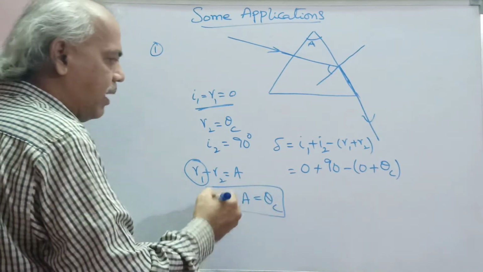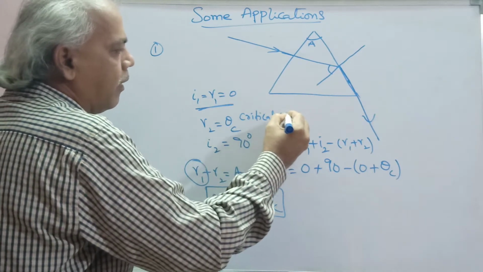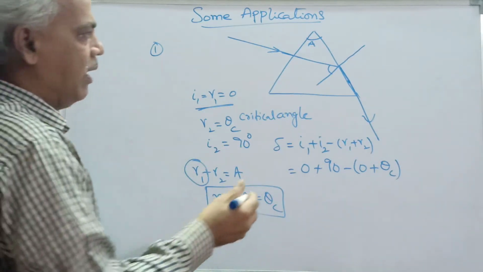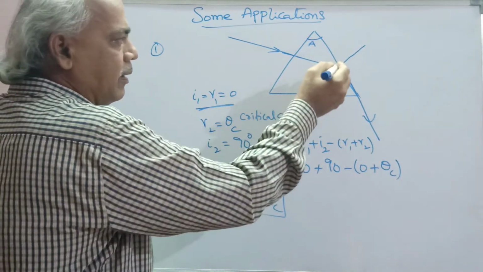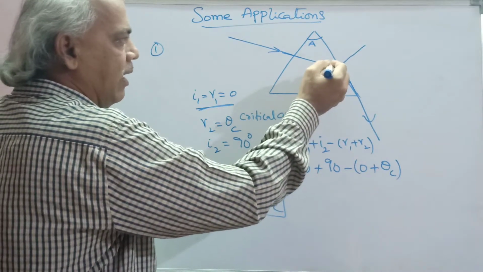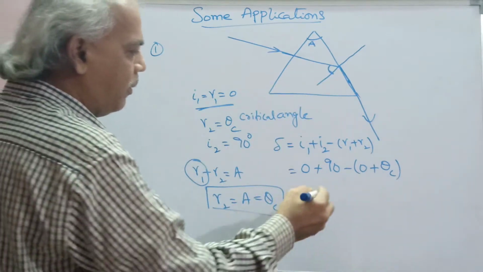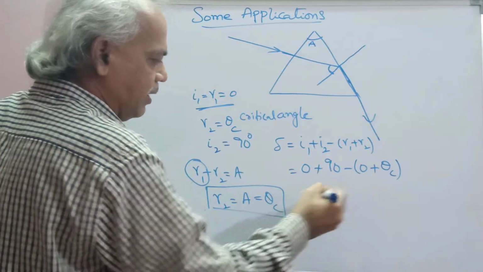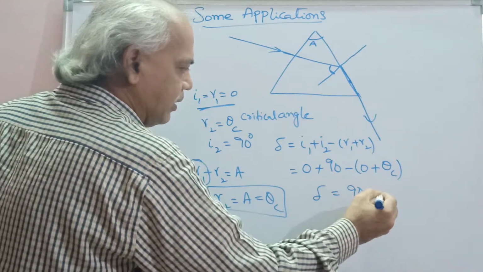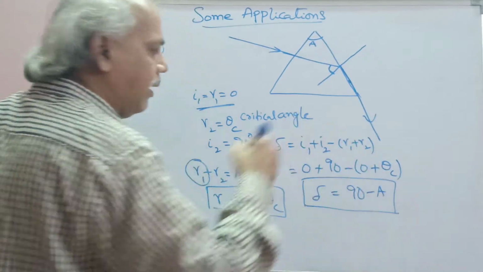Theta c is nothing but the critical angle, the angle of incidence at which the refracted ray grazes the boundary. So the angle of deviation delta is equal to 90 minus A. It is one application.